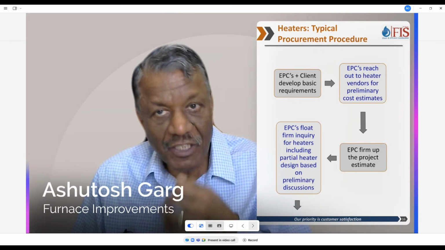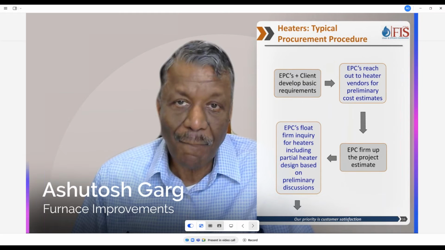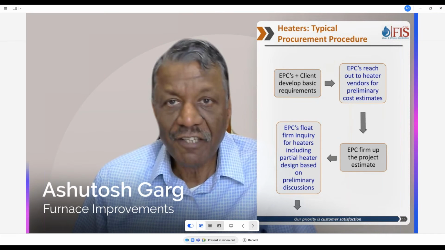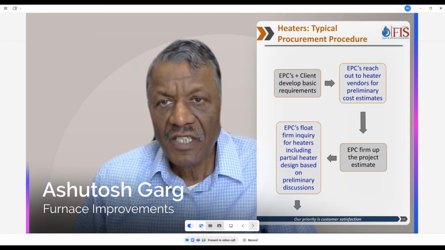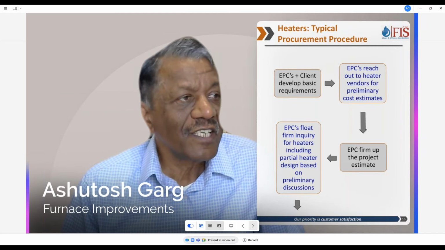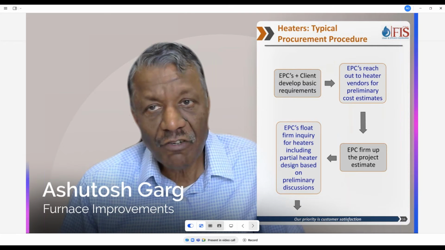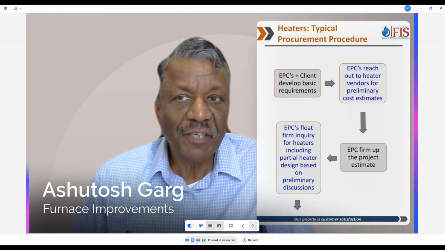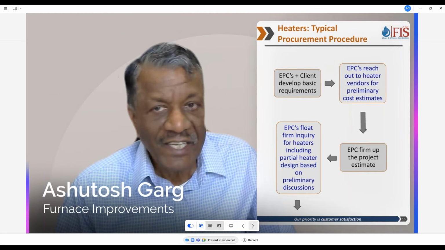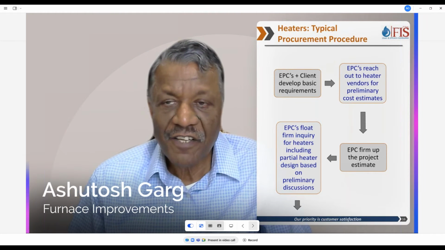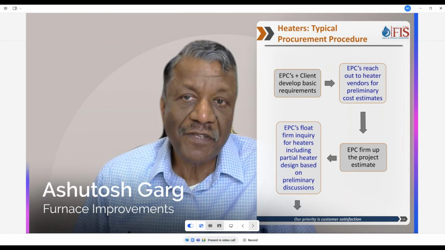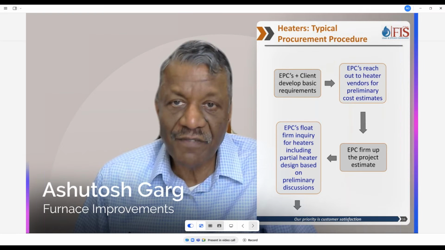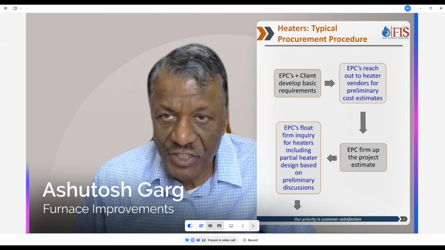Let's talk a little bit about how fired heaters are procured or how they are bought in the US and everywhere else. Most end users hire a technology company to prepare a feed package. These feed packages have process data sheets for fired heaters that are passed on to the EPC. The EPC then wants to come up with a FEL0 or FEL estimate for the project.